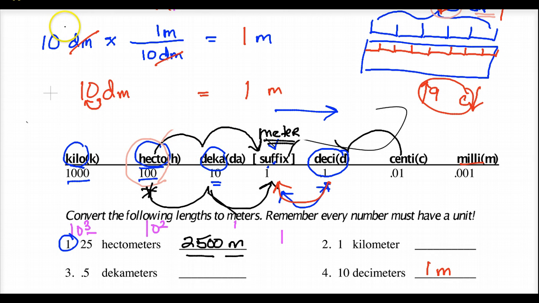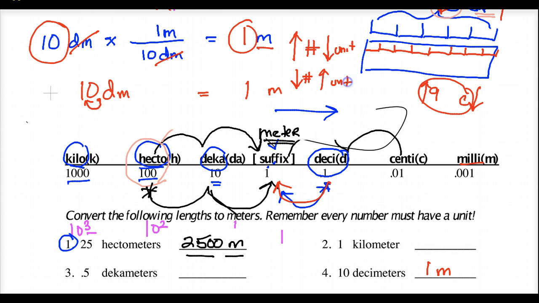My numerical value is getting smaller because I'm converting to a bigger what? Unit. Remember, bigger the number, smaller the unit. Smaller the number, bigger the unit. It all makes sense. You just don't want to move decimal places. Getting the answer is great, but you have to do the factor label.